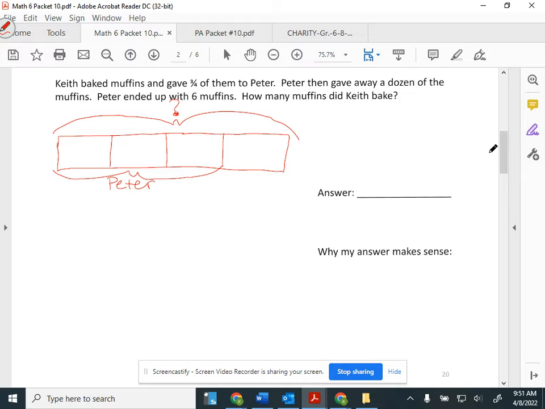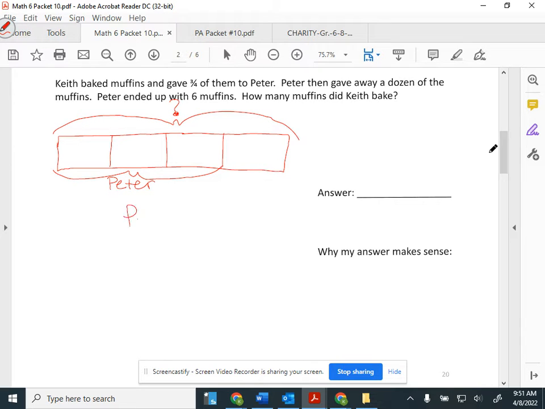Peter then gives away a dozen of the muffins. And he ends up with 6 left. So he gives away a dozen. So here's Peter. He gives away a dozen muffins and he has 6 left. So how many muffins did Peter get? 18. Yeah.